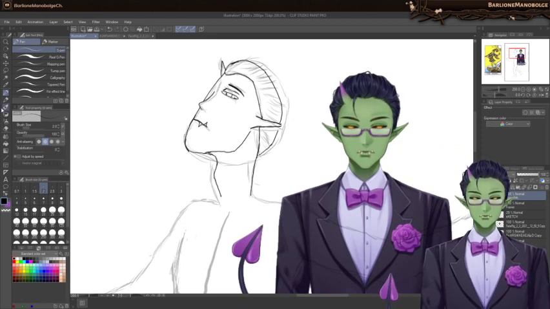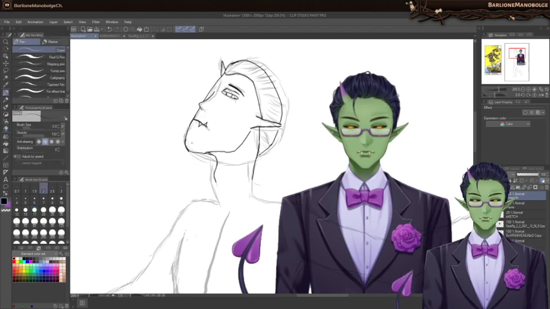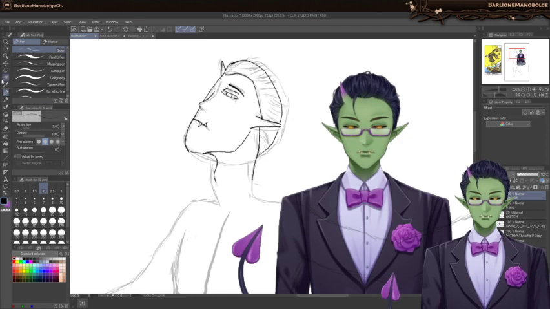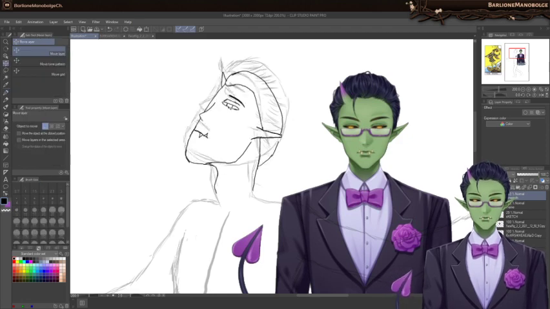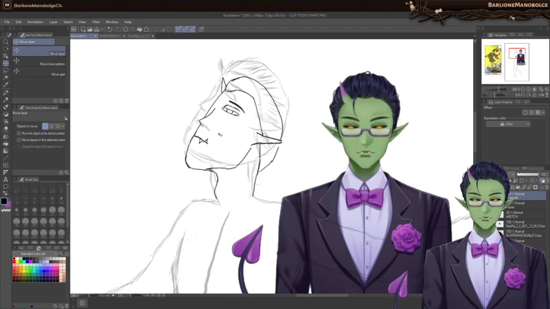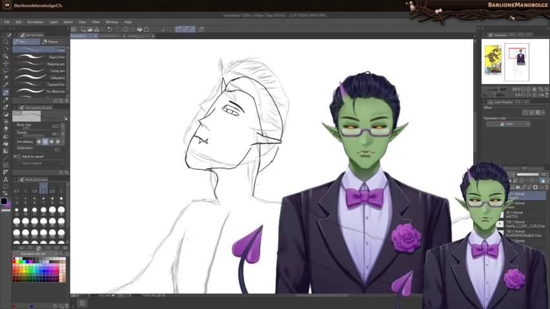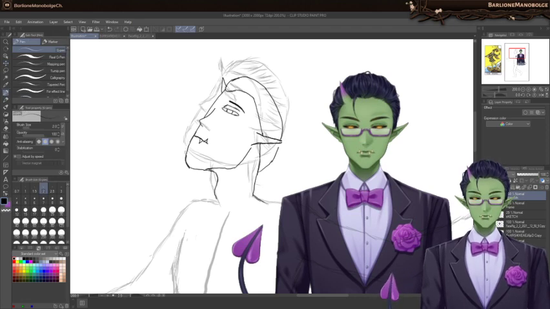Okay. Let's have the bottom portion of the neck. In fact, I think just drop everything down a little bit. Okay. Now, shoulders. Okay.